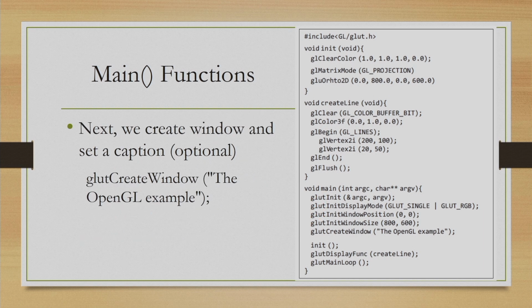Next, we create the window and set a caption which is optional using the function glutCreateWindow, and the caption is provided within parenthesis, but this caption is optional.